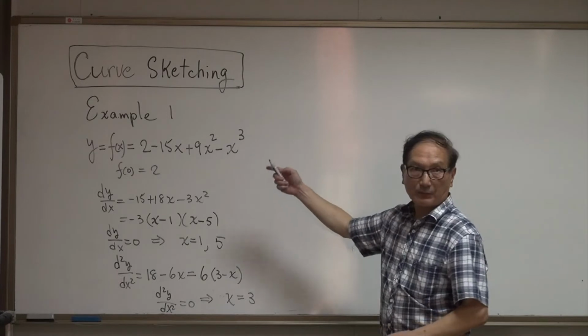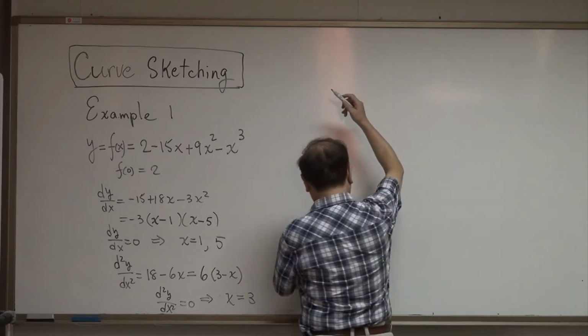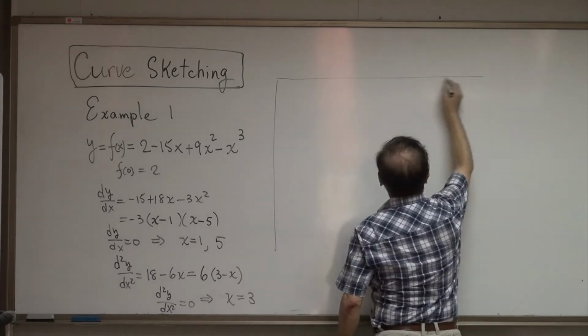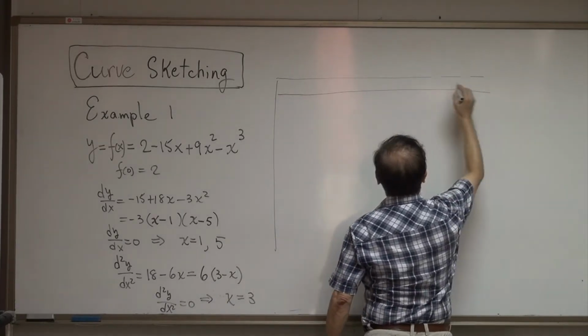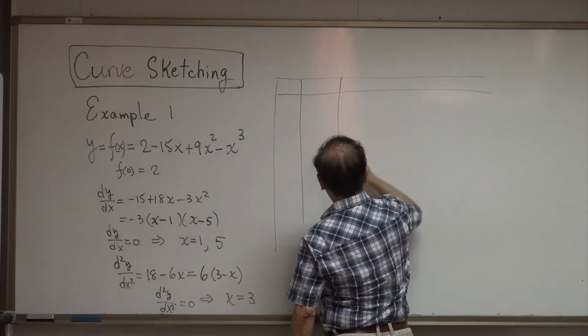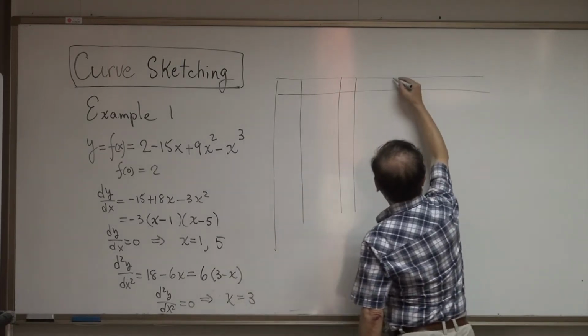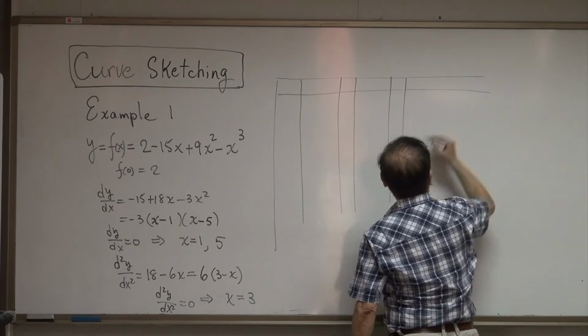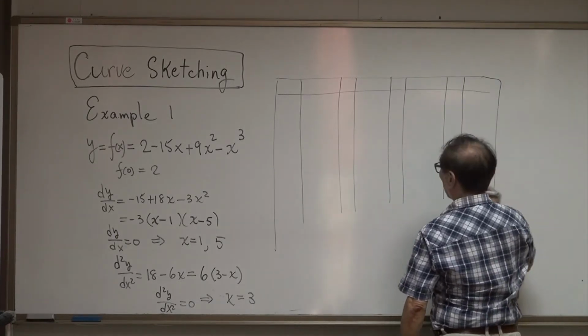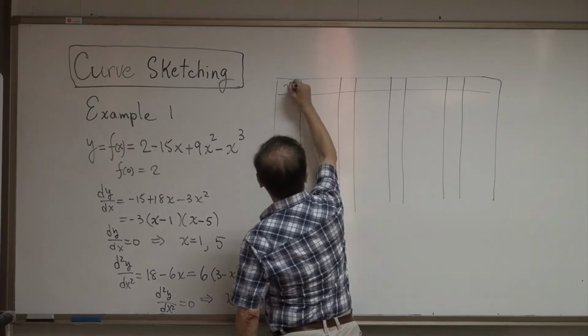So I put these 3 points into a table. How many points? 3 points: 1, 2, 3, and the other 4 subintervals. This is x.